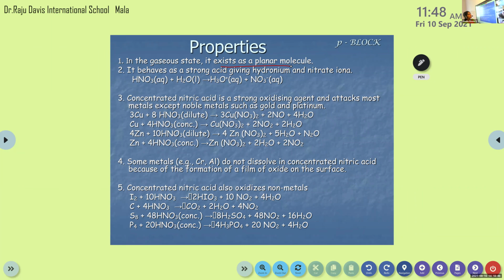But along with water molecule, it will be H3O plus, that is known as hydronium ion. From this nitric acid, it will donate H plus ion. This H plus ion reacts with water molecule to form H3O plus hydronium ion. So that's the second reaction. HNO3 will react with water molecule to form H3O plus and NO3 minus.